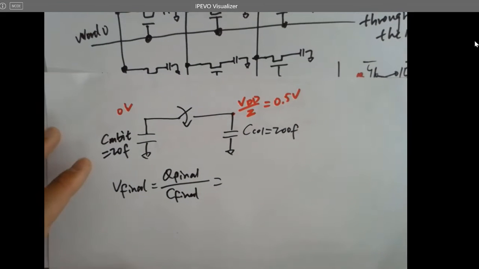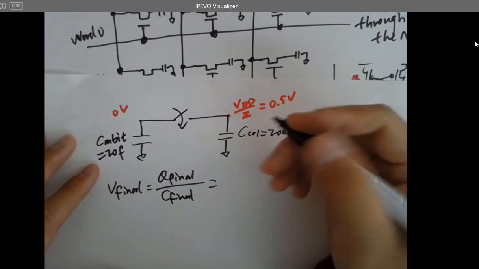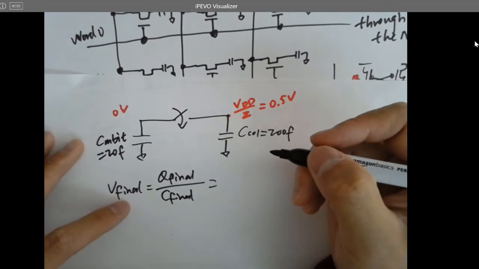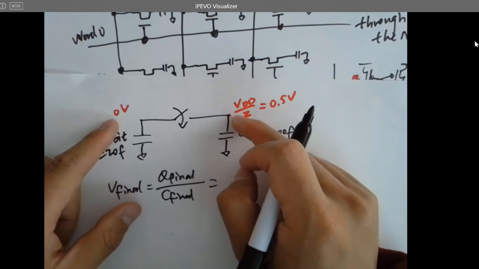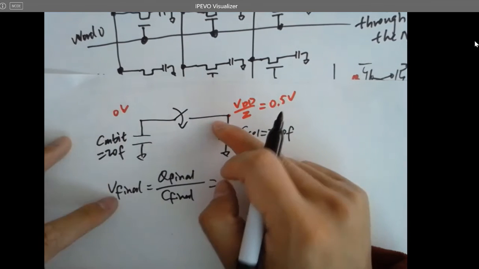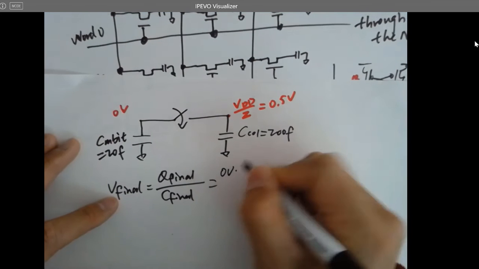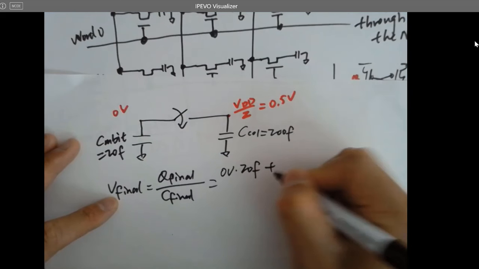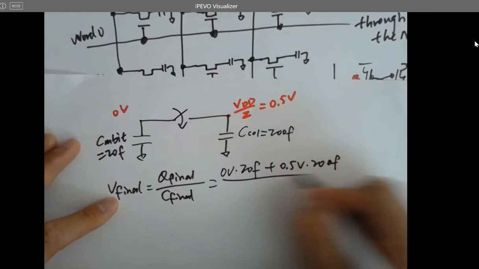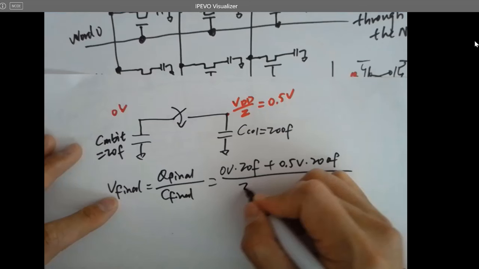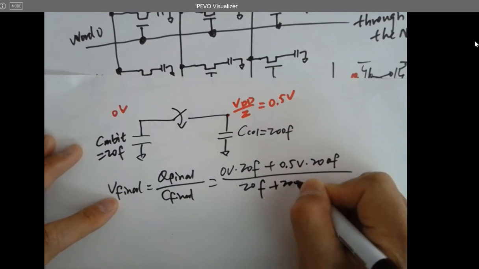And what is the Q final? Q final equals the Q here and Q here. They're just being added together. You're not losing any charges. They're just sharing. So for this one, it's 0 volt times 20 femto plus 0.5 volt times 200 femto. What's the C final? It's going to be 20 femto plus 200 femto.